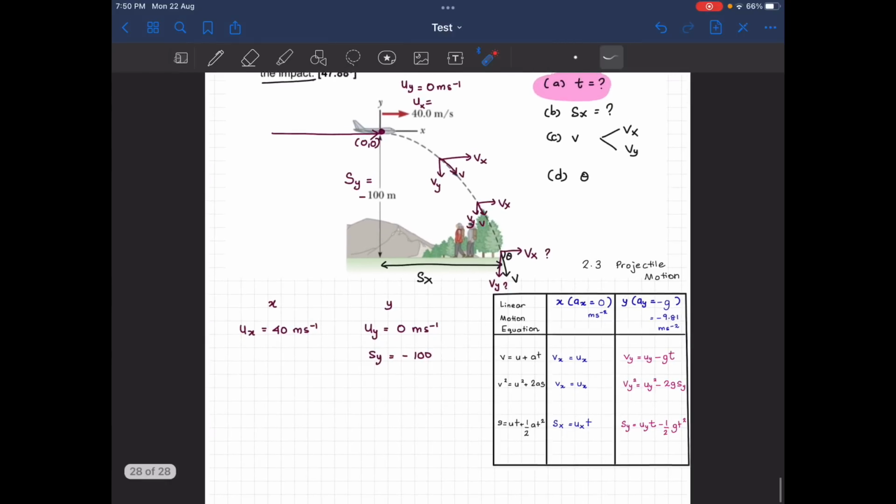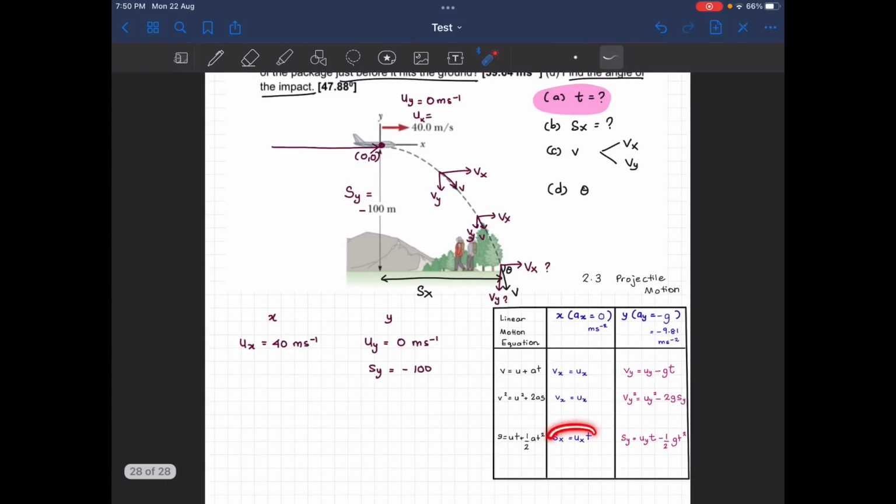For the X component, we could use this formula because it has time. For the Y component, we can use either this one or this one. Because we have no value of Sx, we cannot use this formula.